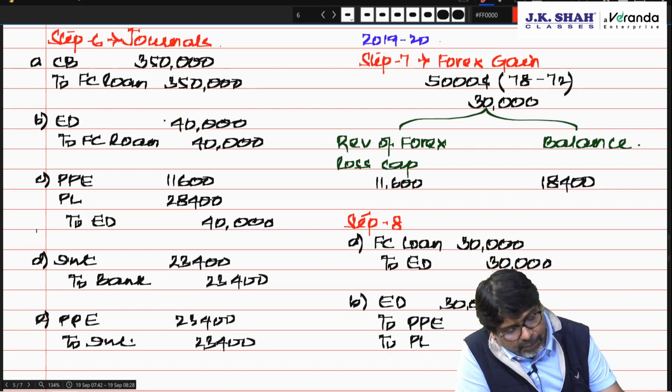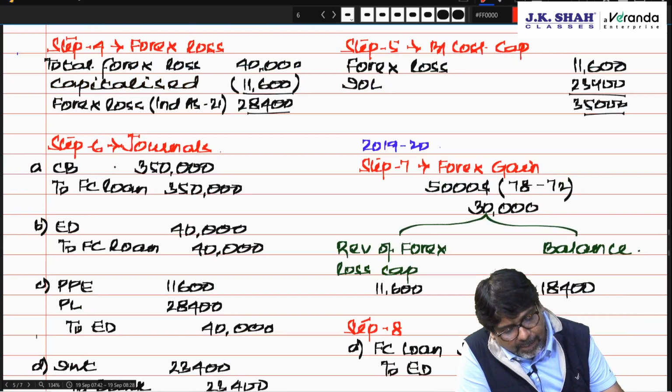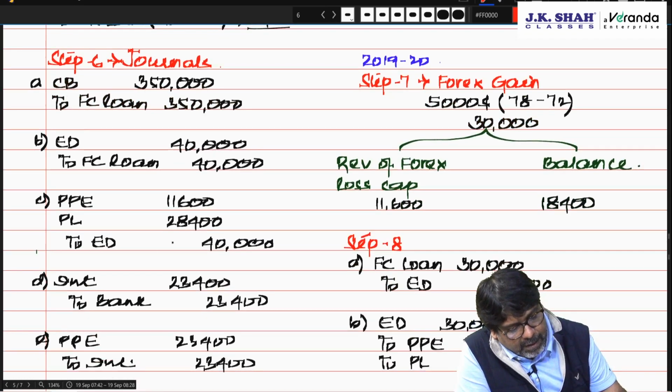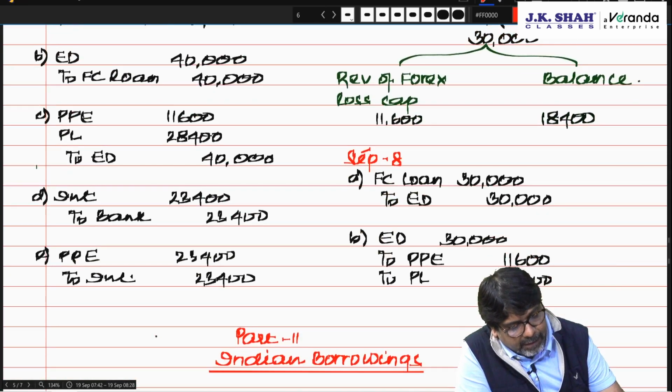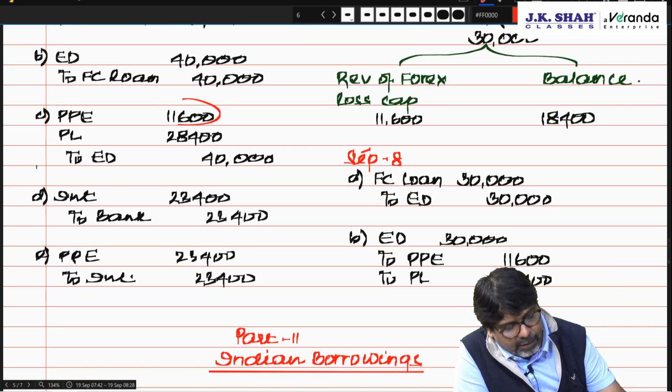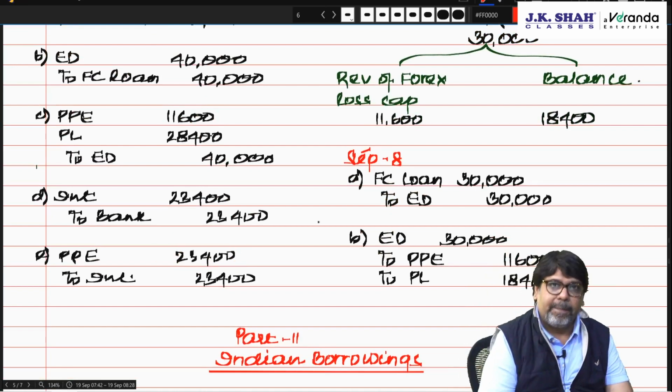Out of this 40,000 exchange difference, how much am I capitalizing? 11,600, the balance is transferred to P&L. ED closed. Interest 23,400 which I have paid goes to PPE. So this normal interest is also capitalized. So I allow you to capitalize 11,600 and 23,400. So the total you capitalized is 40,000.